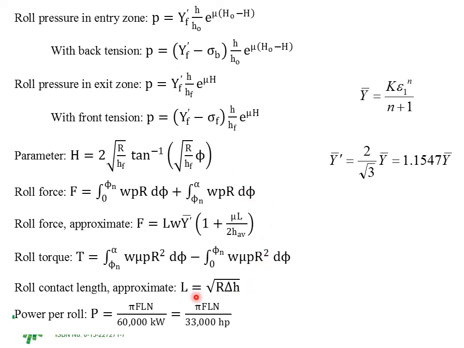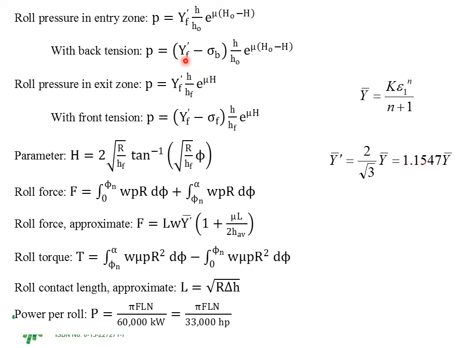And in these equations, once you want to find out the flow stress, y bar and so on, I am reminding you that y bar is K epsilon^n upon n plus 1, and y bar dash, the plane strain version, you just multiply whatever you have by 2 by root 3 or 1.155, right?